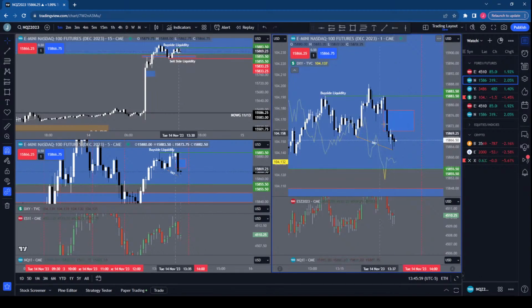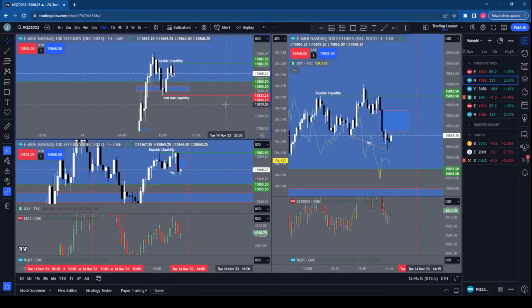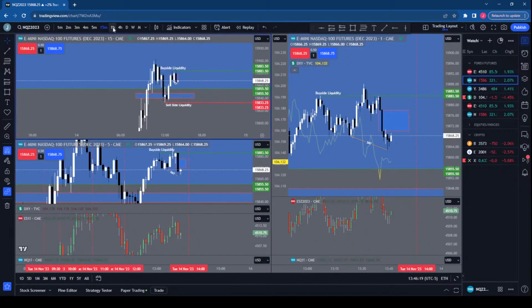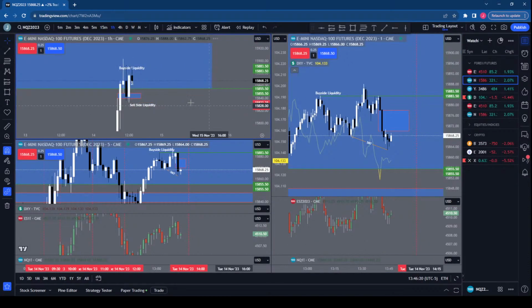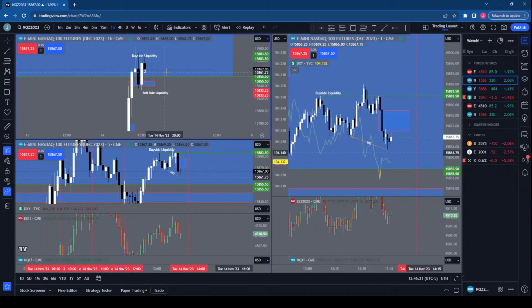Hopefully price stays where it's at until 2, and we can try and find something. Notice on the 1 hour too, we had this hourly fair value gap that we came down, printed a down close candle, came up.